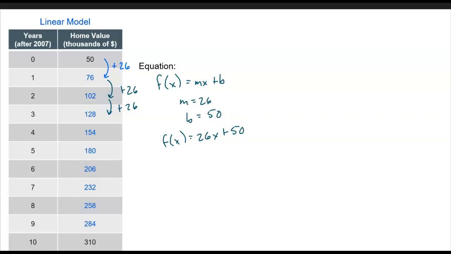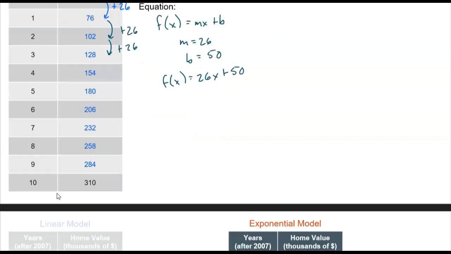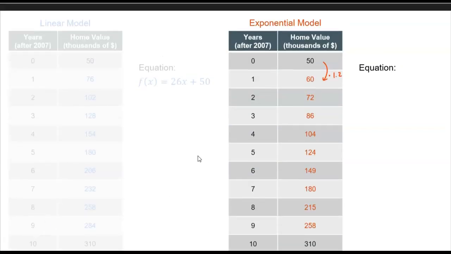Now how about our exponential modeling? Our common ratio now is 1.2. That's what we're going to multiply by each time, multiply by 1.2. So what would our equation be in this case? Oh, let's not do f of x, let's maybe do g of x.